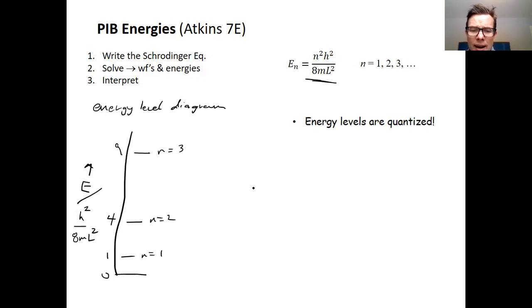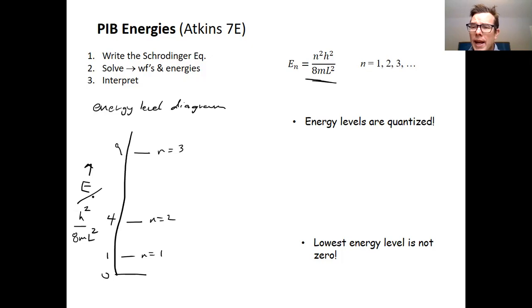The second is perhaps even weirder, which is that the lowest energy level is not 0. Right? Look at this. If I took a classical system and I brought it to absolute 0, it would stand still.